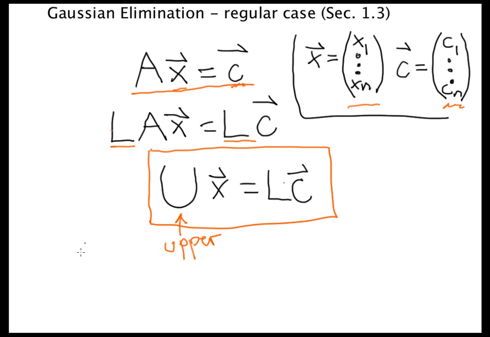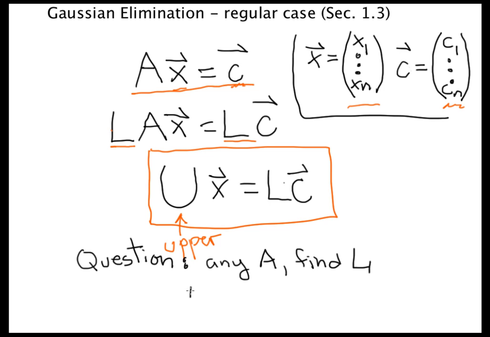So the question is, when is this possible? If you take any matrix A, can you multiply it on the left and make it upper triangular? So I'll state that as a question: if you take any A, can you find L such that LA is U, which is upper triangular?